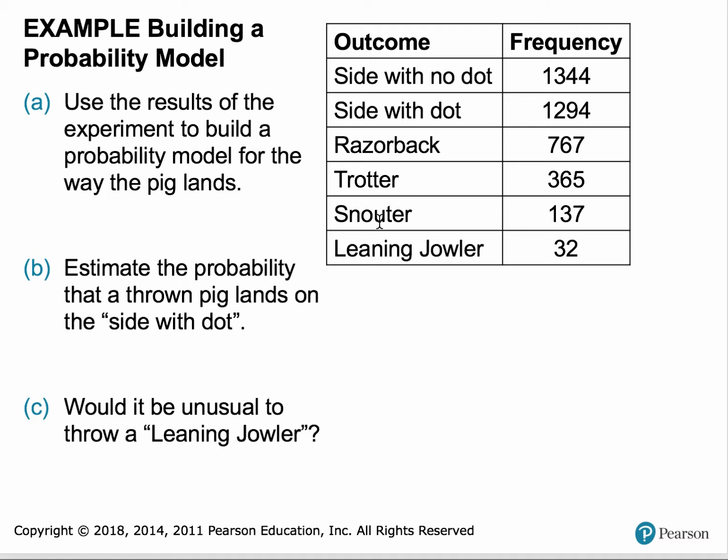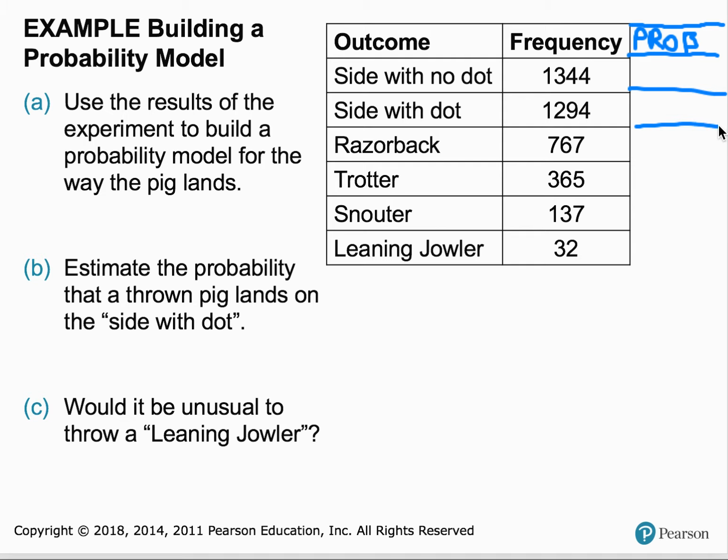So here's our table once again. Now here's our questions. Use the results of the experiment to build a probability model for the way the pigs land. Remember, all that means is I have this extra column with my probabilities.